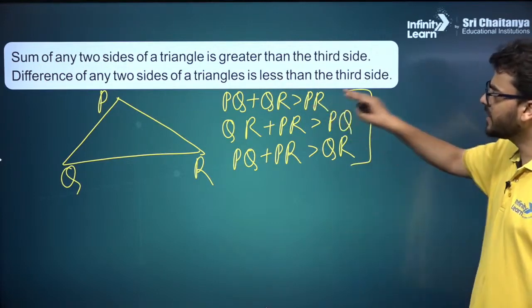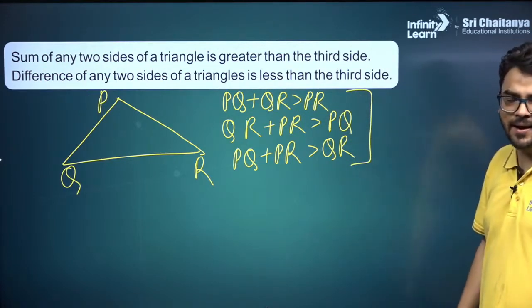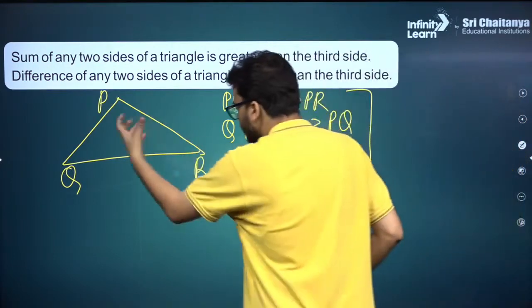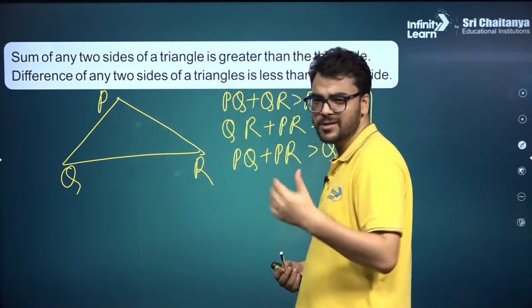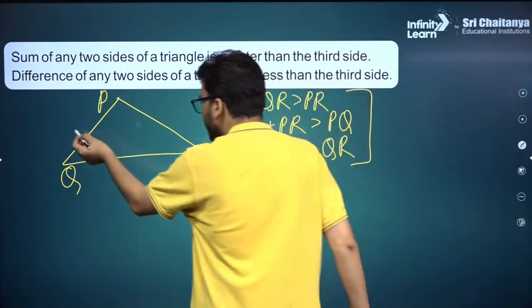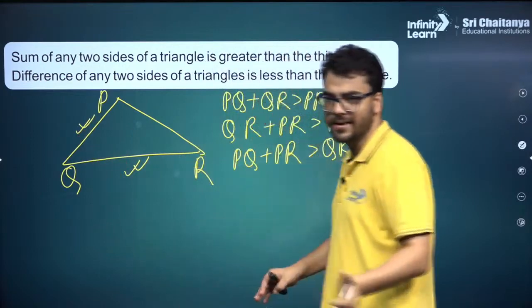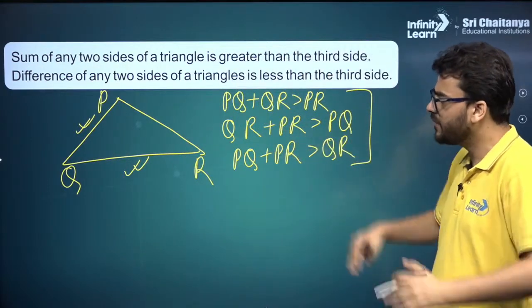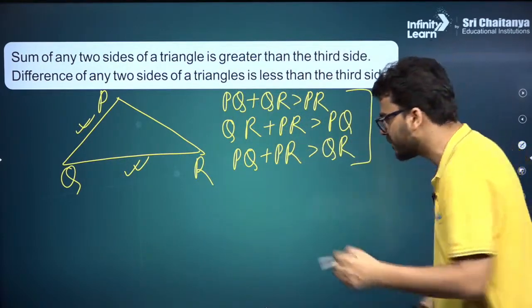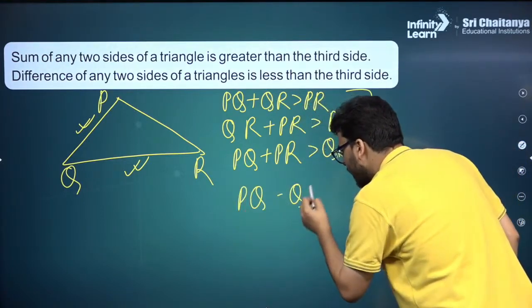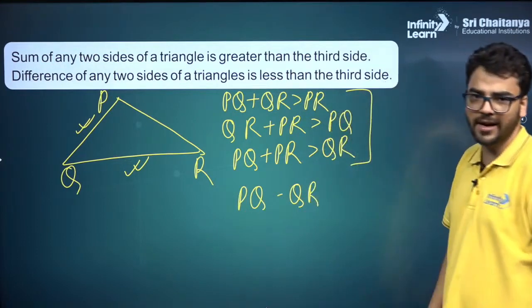And the difference of any two sides is less than the third side. And difference we take in modulus basically. Suppose you don't have a figure, you don't know whether PQ is greater than QR or QR is greater than PQ. If you write PQ minus QR, you don't know whether this is positive or negative, right?